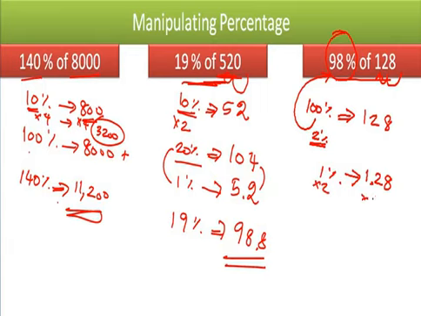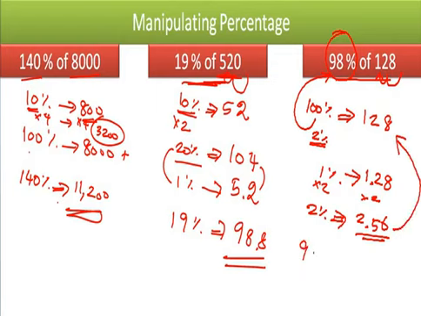Times it with 2, which is going to give us 2.56. So now to get 98 percentage, we can remove this 2 percentage from 100 percentage, right? So what is 98 percentage? So subtracting 128 and 2.56, we are probably going to get 125.4.